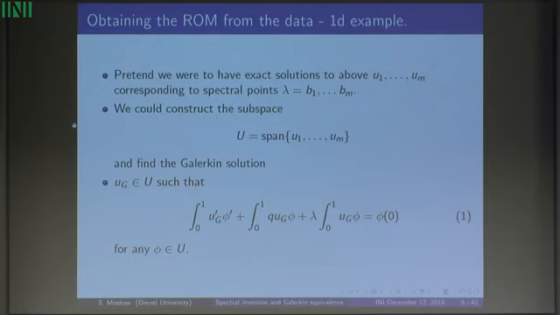This is just standard Galerkin theory. I look for the solution, I'll call it UG in U, such that this holds for any test function in U. That's standard Galerkin, and it gives us the nearest point to the true solution in the energy norm corresponding to the equation, which is equivalent to the H1 norm.